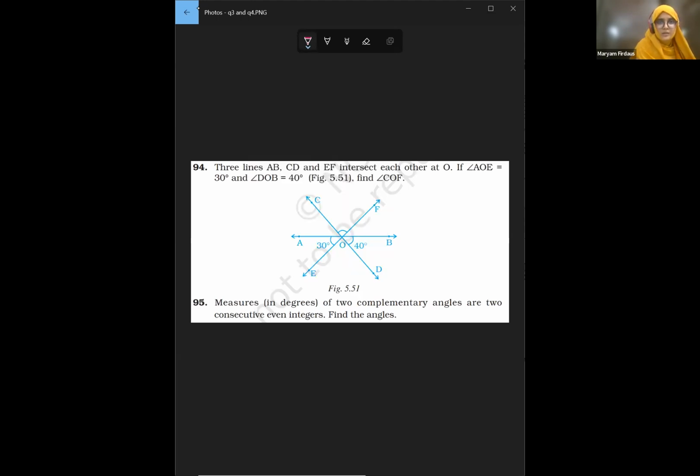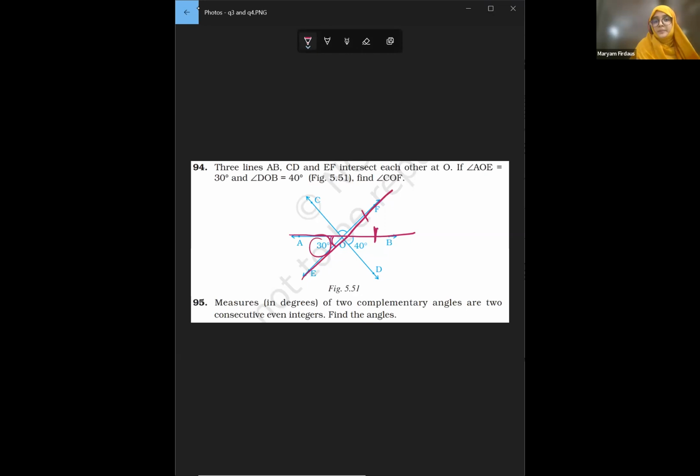Hiba, what is vertically opposite to 30? Take a look at the 30 degrees angle, okay? It is being formed by this line and this line. Which is the other angle that is being formed by these two lines? 40. See again. These two red lines. Which is the other angle being formed by these two red lines?